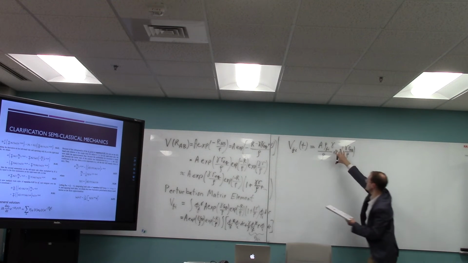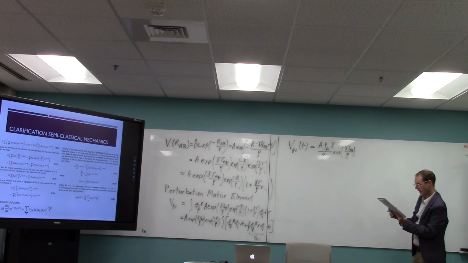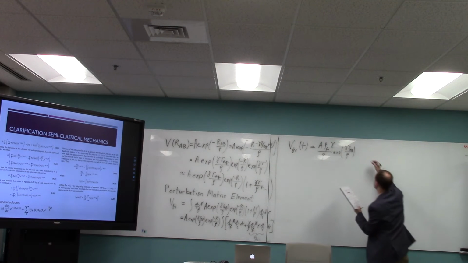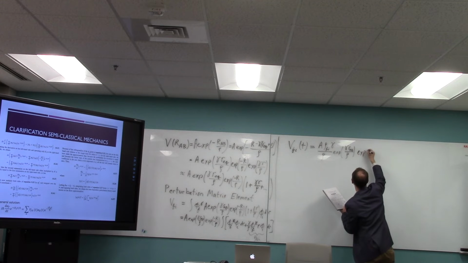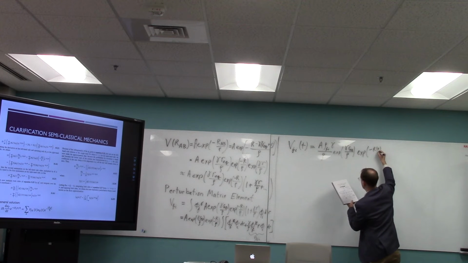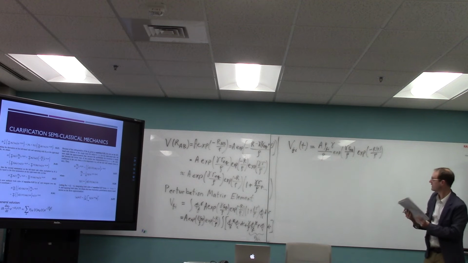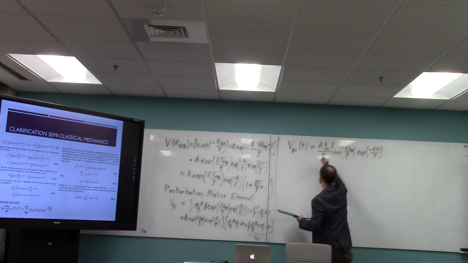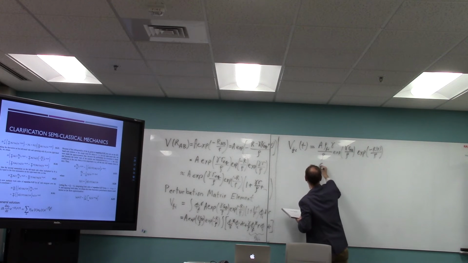So this is all just a constant. And then we have exponential of minus R of t over rho. Okay? And so all these constants, I'll just group them together and call that C.